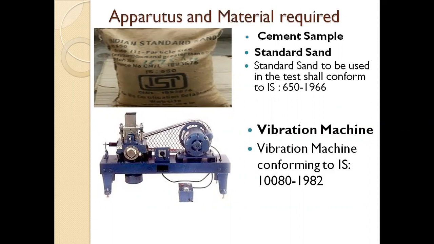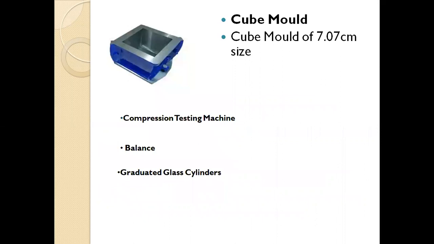Next is a vibrating machine for the compaction of the cement sand mortar cubes. If a vibrating machine is not available, then we can use tamping for the compaction.